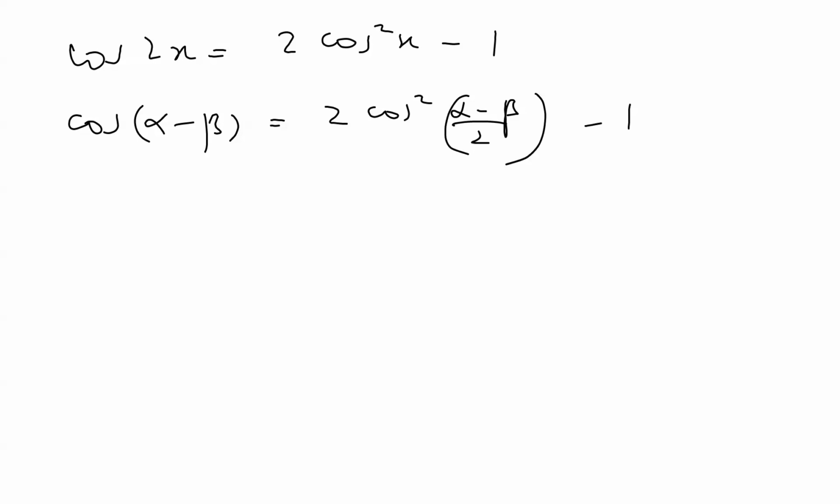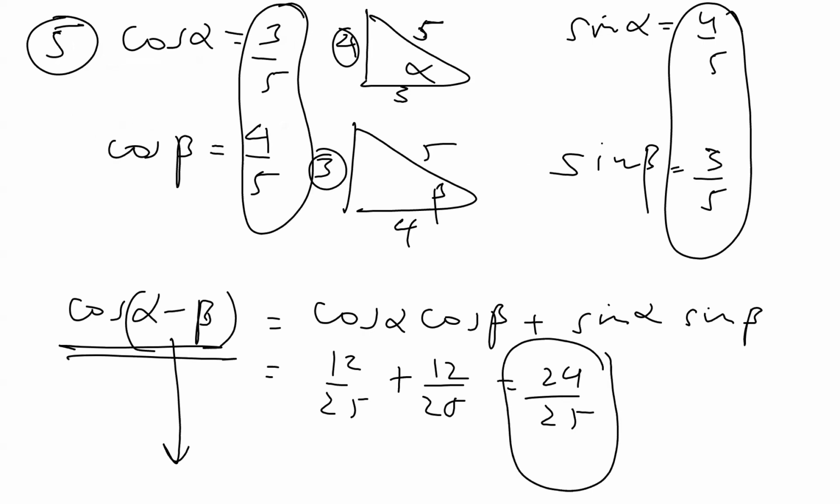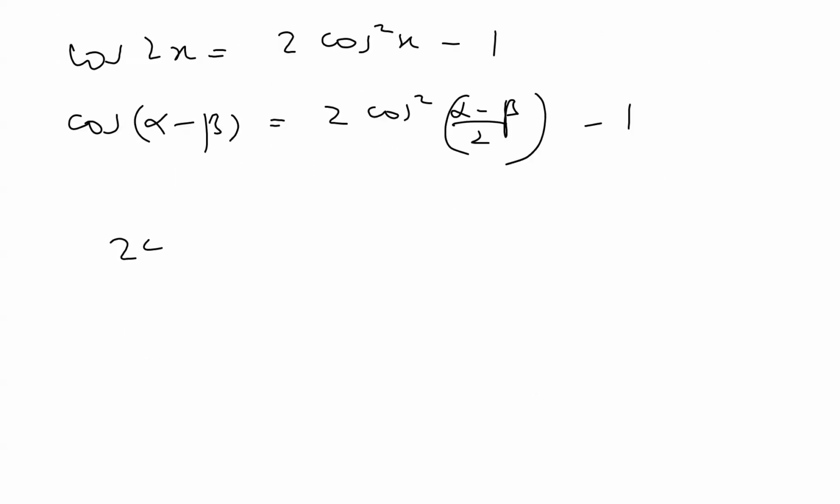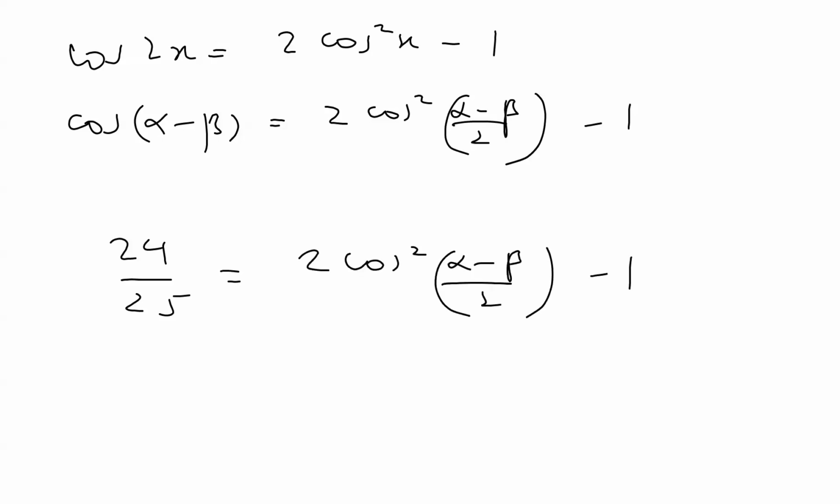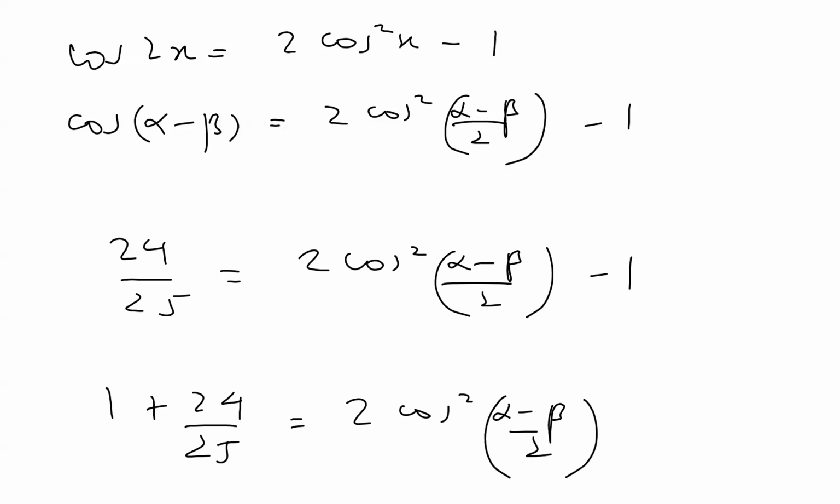What is cos (alpha minus beta)? 24 by 25. 2 cos square (alpha minus beta) by 2 minus 1. So 1 plus 24 by 25 equals 2 cos square (alpha minus beta) by 2. If you solve this, this will be 49 by 25.